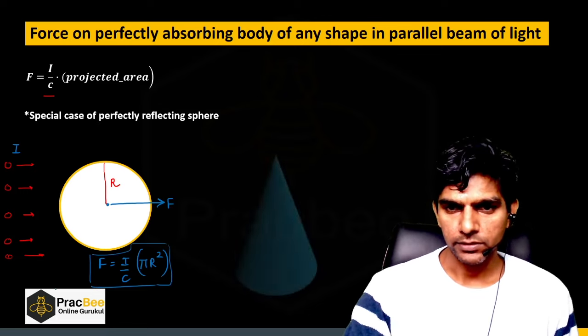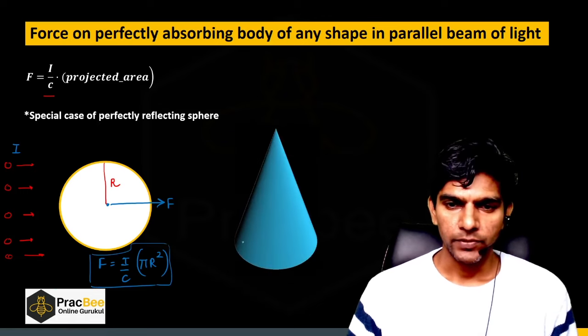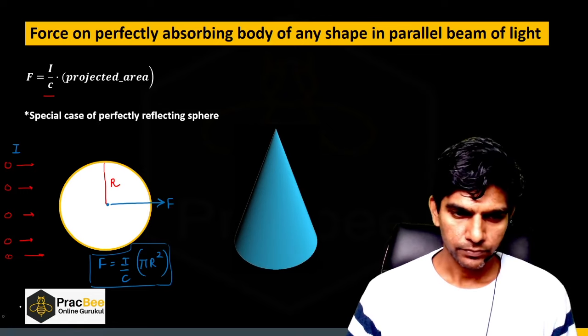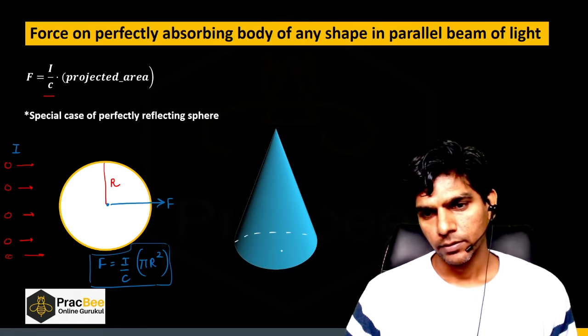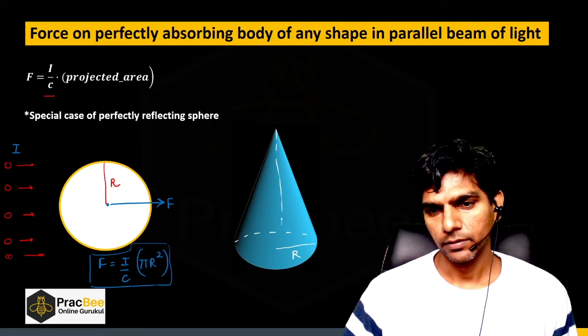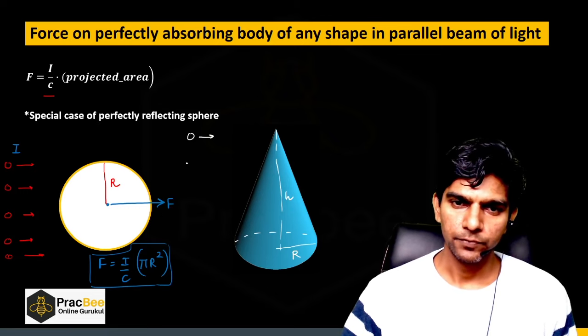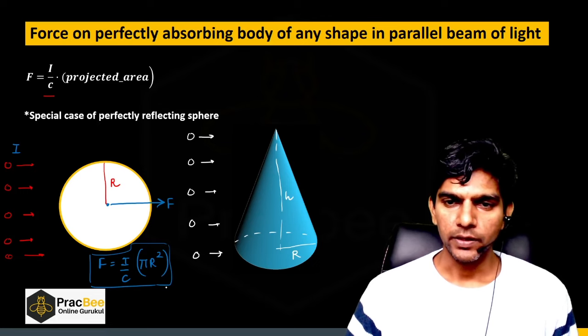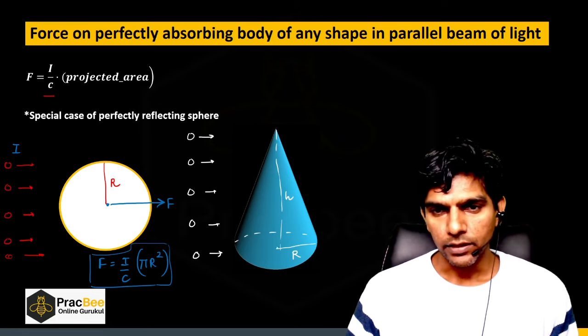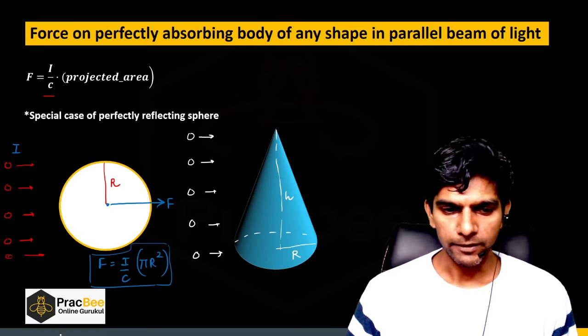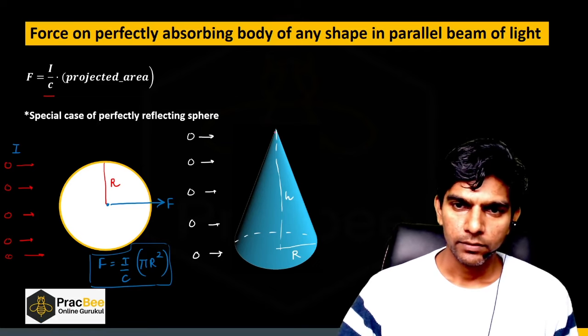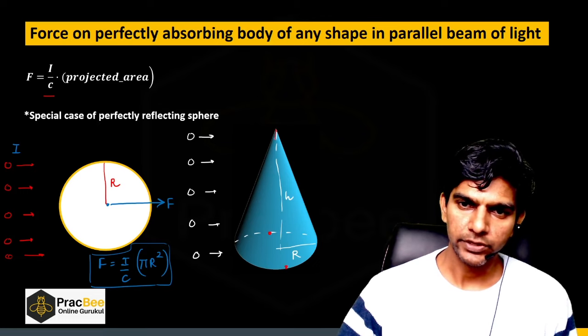Now let us see one more case. Suppose we have a cone, whose base radius is r and its height is h, and we have photons which are coming like this. Parallel beam of photons is coming. Now in this case, the projected area will be a triangle. So let me show you that triangle.